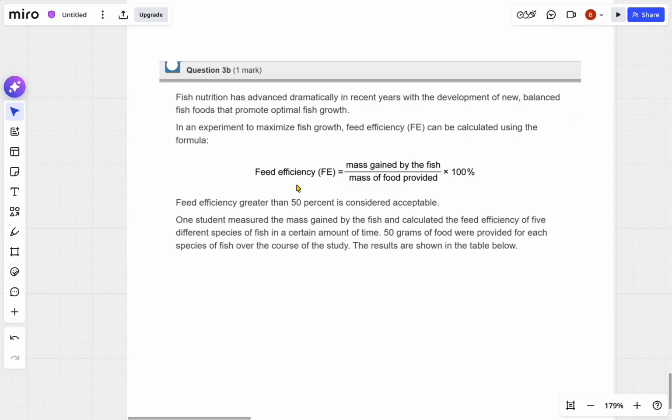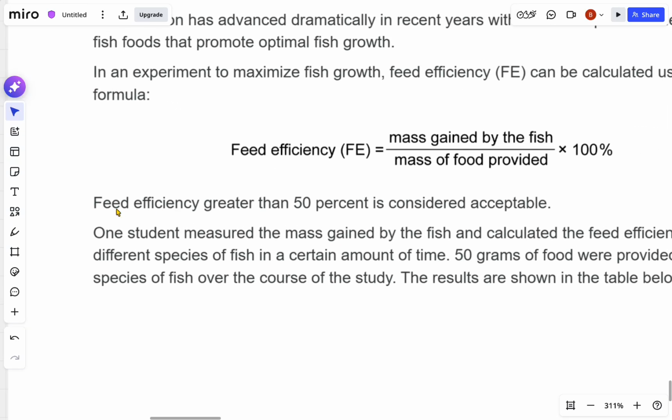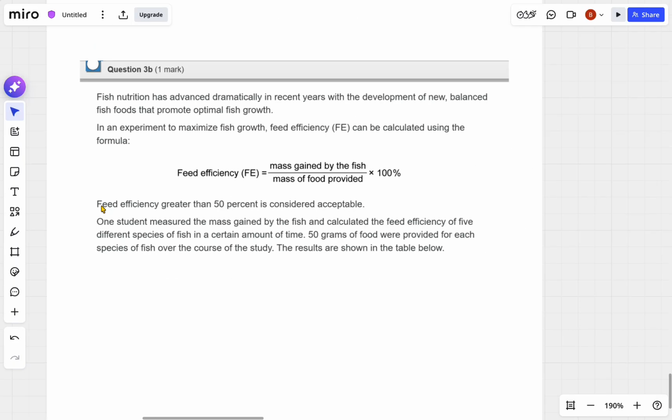Now let's look at question 3B. Let's look at the formula first. We have the feed efficiency formula, which is the mass gained by the fish by the mass of food provided into 100%. This is the formula that is given for us, and then we have a catch over here. Feed efficiency greater than 50% is considered acceptable, so you have to just keep this in mind.